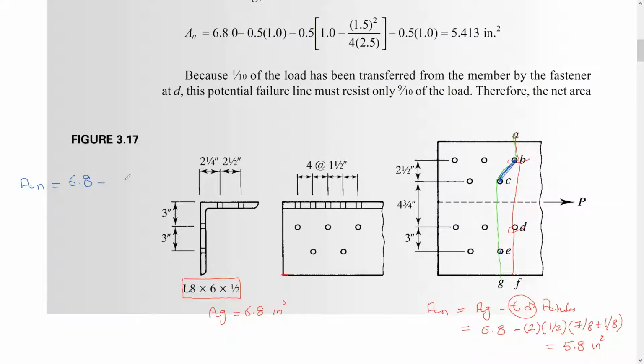Here in the first one, this is not inclined, this is very straight. So it's going to be the thickness 1/2 times the diameter for the holes, which is 1 inch, times 1 bolt. But if you notice, this one here is going to be similar to this one here.